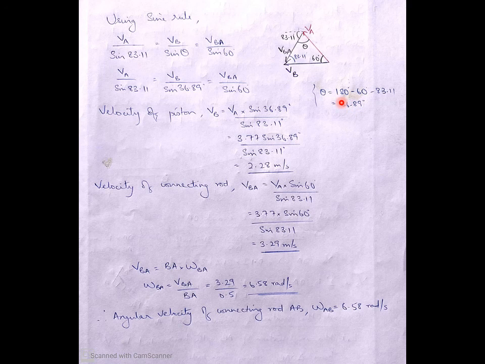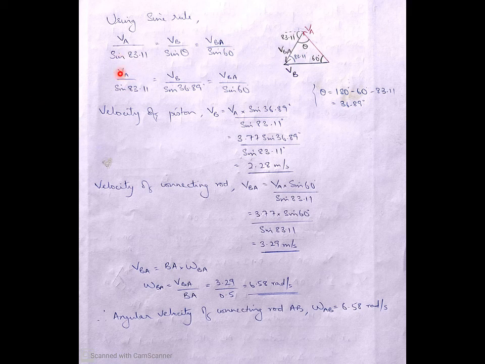Now we want to find the velocities of the other unknown points. The angles are known and some of the velocities are known, so by solving this diagram using the sine rule we can find them. VA divided by sine 83.11 equals VB divided by sine theta equals VBA divided by sine 60.